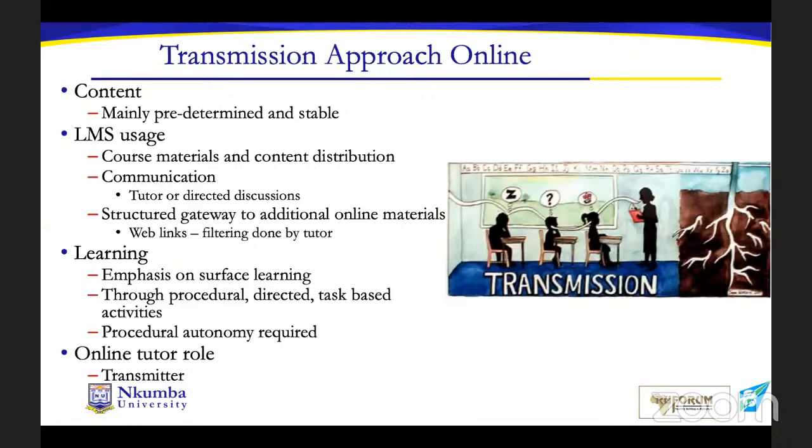And here, the moment we go online and do the transmission, if we are using an LMS to do the transmission, we look at the content, and this is already what we would say is predetermined and stable content delivered by the teacher, created by the teacher. So it is already known. You've already put it out there. And therefore, students can access it in the way they would want to access it.